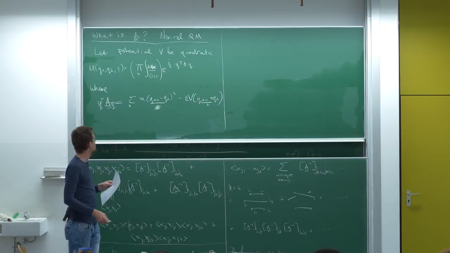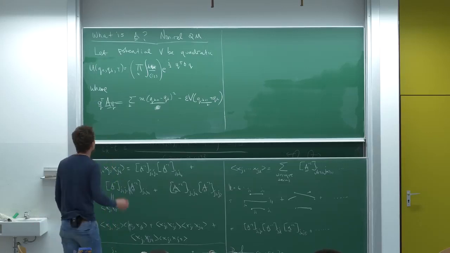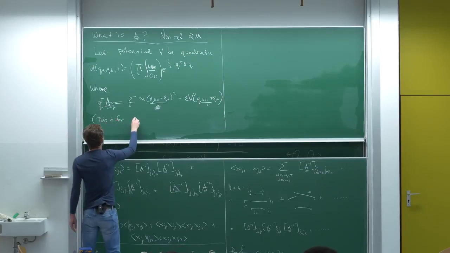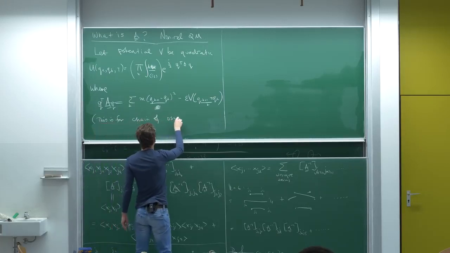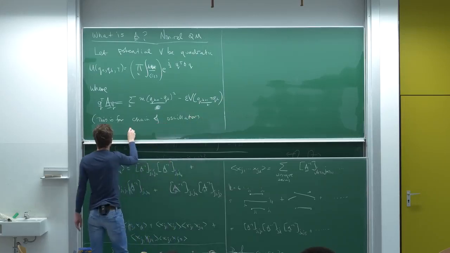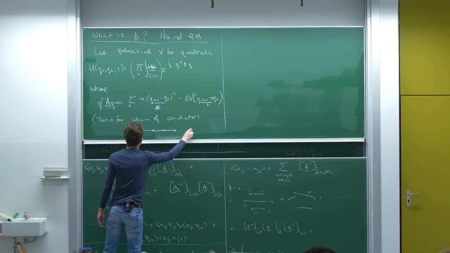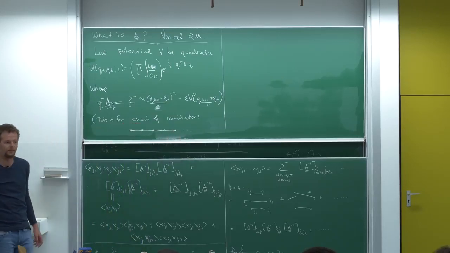So that's what A is, for a typical system of a chain. Oh yeah, I didn't tell you what the Hamiltonian was. So we imagine we have a chain of classical harmonic oscillators.